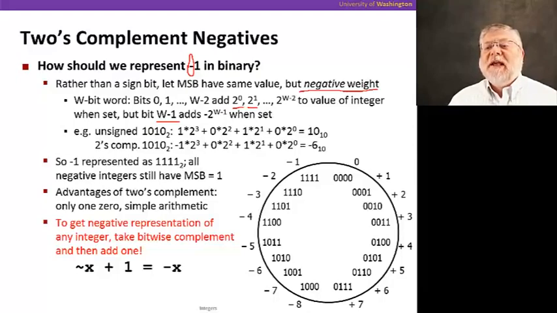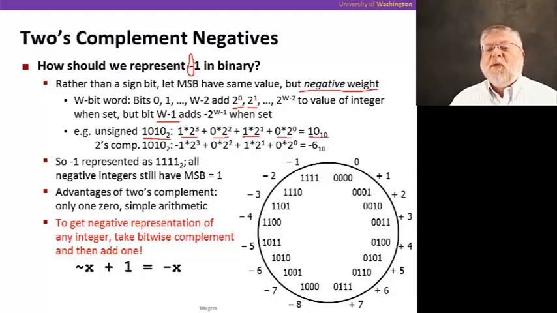In this case, the negative weight would be minus 128. 2 to the 7th is 128, and then minus 128. So let's take a look at an unsigned number here, 1010. That corresponds to 1 times 2 to the 3 plus 0 times 2 to the 2, and so on, to yield the number 10 decimal.